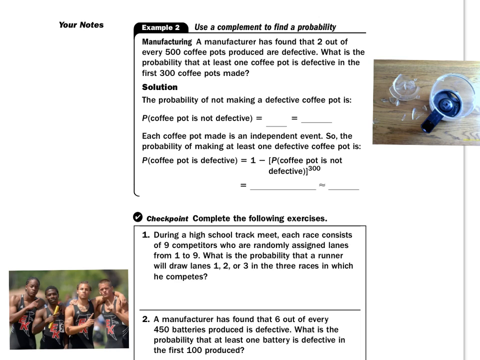The probability of a coffee pot not being defective, being a good one, is 498 out of 500, or 0.996.